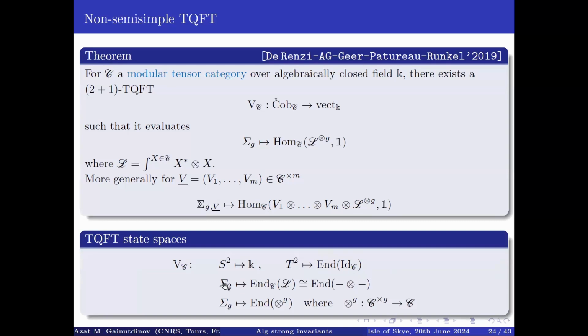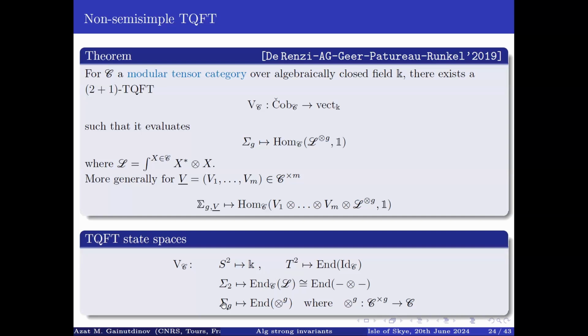So it's the endo-transformations of the identity functor. A surface of genus 2 is evaluated to the endomorphisms of this L as an object in the category, which is the same as the endo-transformations of the functor tensoring two objects. So tensoring two objects is a functor from C times C to C, right? And you take the whole algebra of endo-transformations of such a functor.